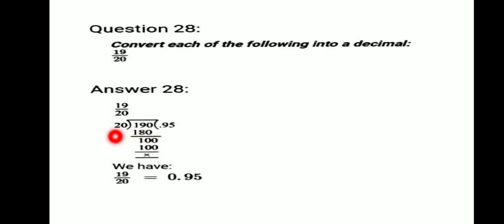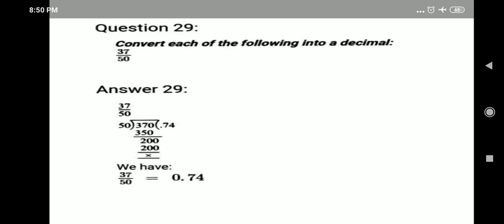Now you can divide it by 20, and 9 times is 180. Here is the remainder 10, and already there was a point here, so you can add a 0 in the remainder, and after that you can divide 100 by 20, 5 times, so your answer should be 0.95.